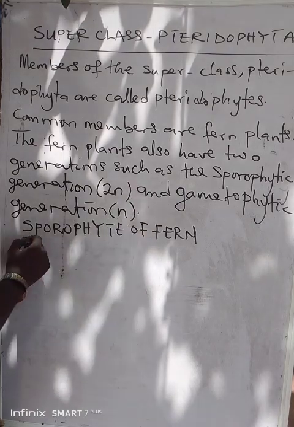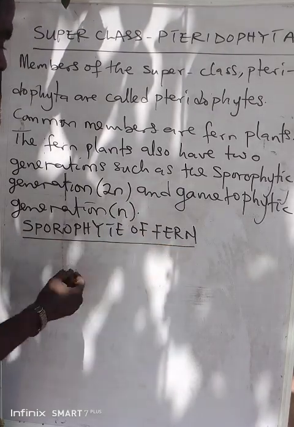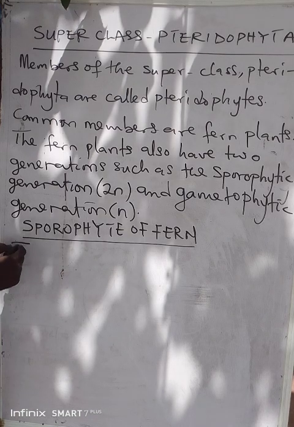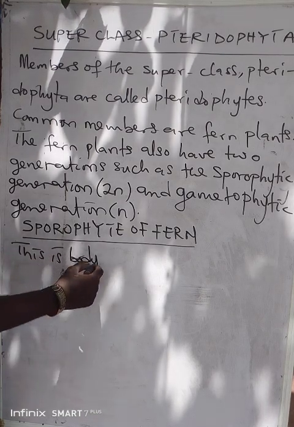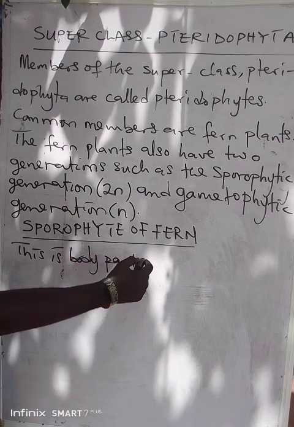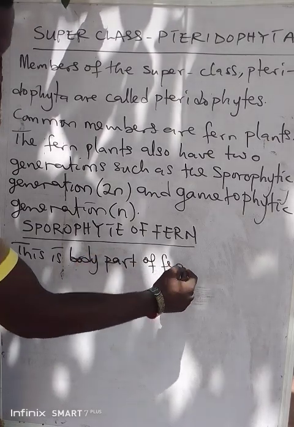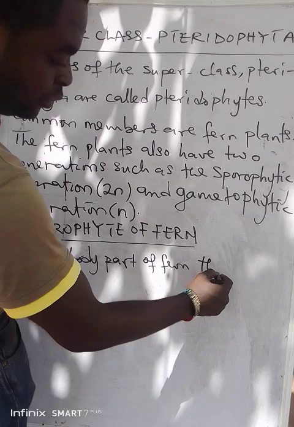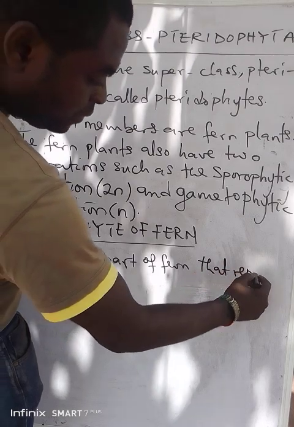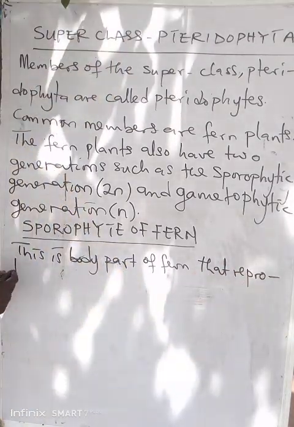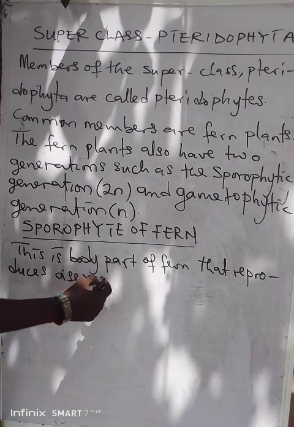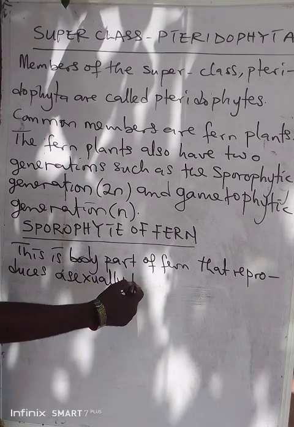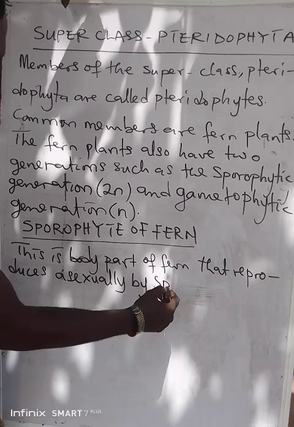The sporophyte of fern is the body part of fern that reproduces asexually by spore formation.